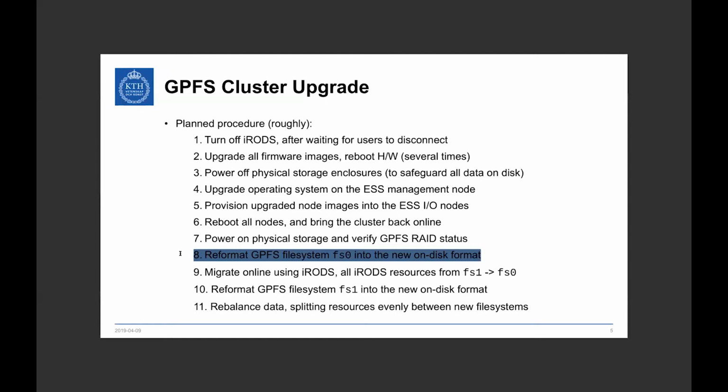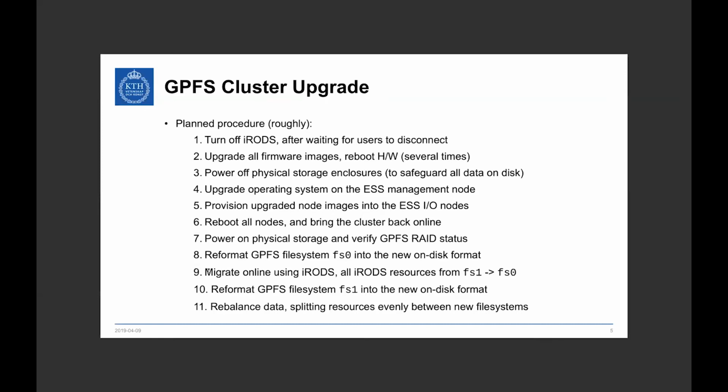Basically here is where the more interesting part begins in step 8. We basically have already prepared ourselves by clearing out FS0, the first file system, into the second one called FS1. And basically we are good to go for destroying FS1 when we have the newer version of GPFS available, and we can reformat those block devices.